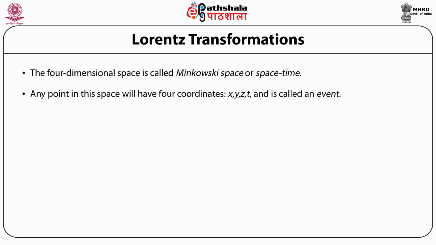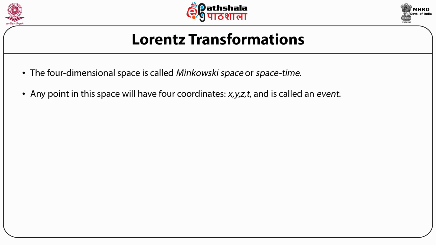So there are two prerequisites to keep in mind while discussing Lorentz transformations. Number one, both the frames of reference have to be inertial, or non-accelerating, frames of reference. And secondly, the relative velocity between one frame of reference and the other is constant.